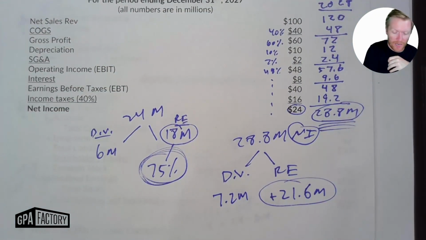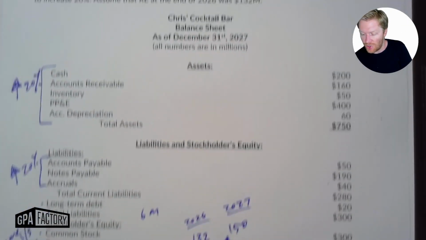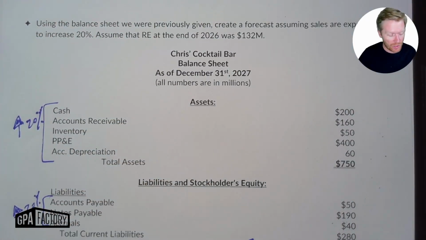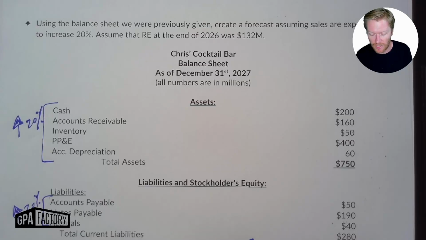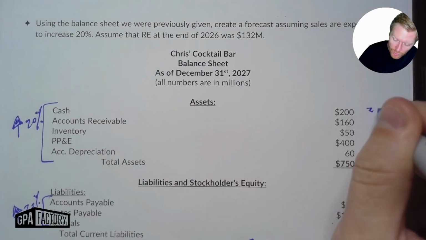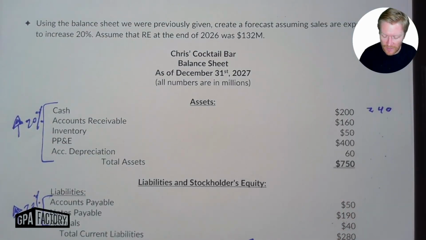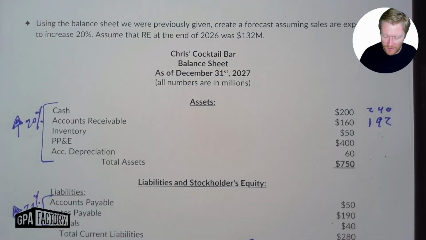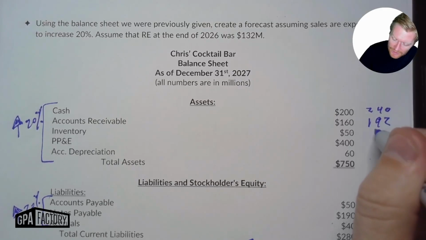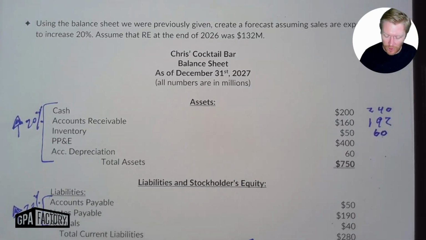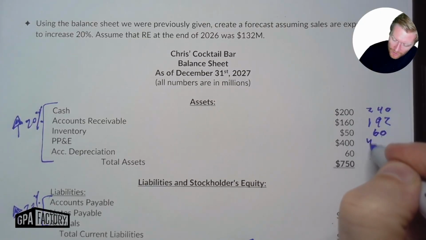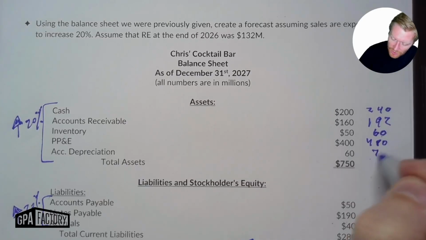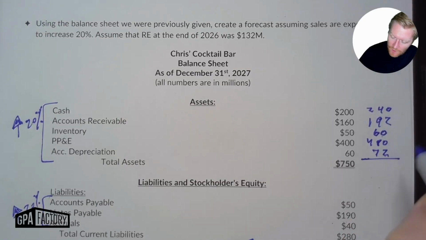All right, so here is how we are going to create this new balance sheet. Again, these numbers are going to increase proportionally with sales. So just like on our income statement, we can take 200 times 1.2, so we've got 240. 160 times 1.2, we get 192. 50 times 1.2 is 60. 400 times 1.2 is 480. 60 times 1.2 is 72, which is going to be subtracted.